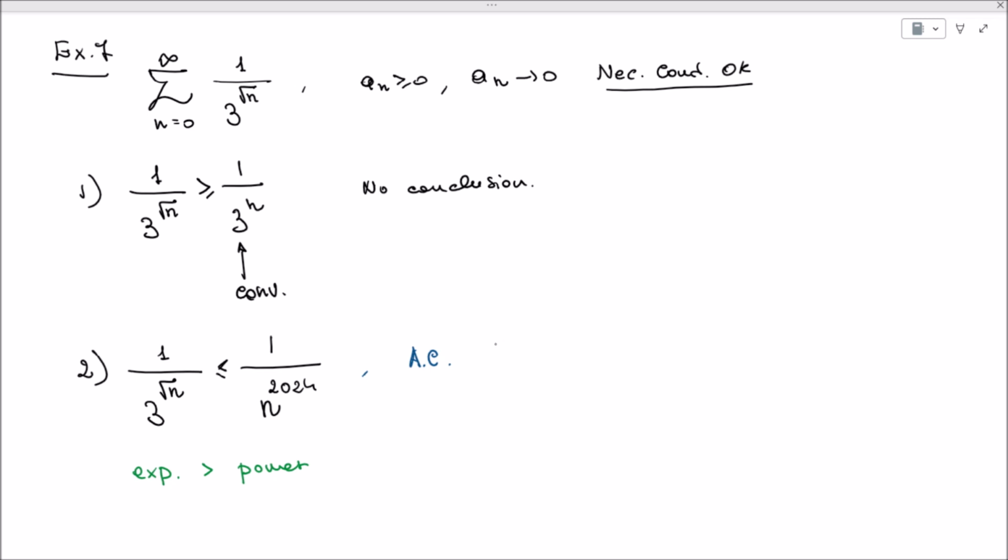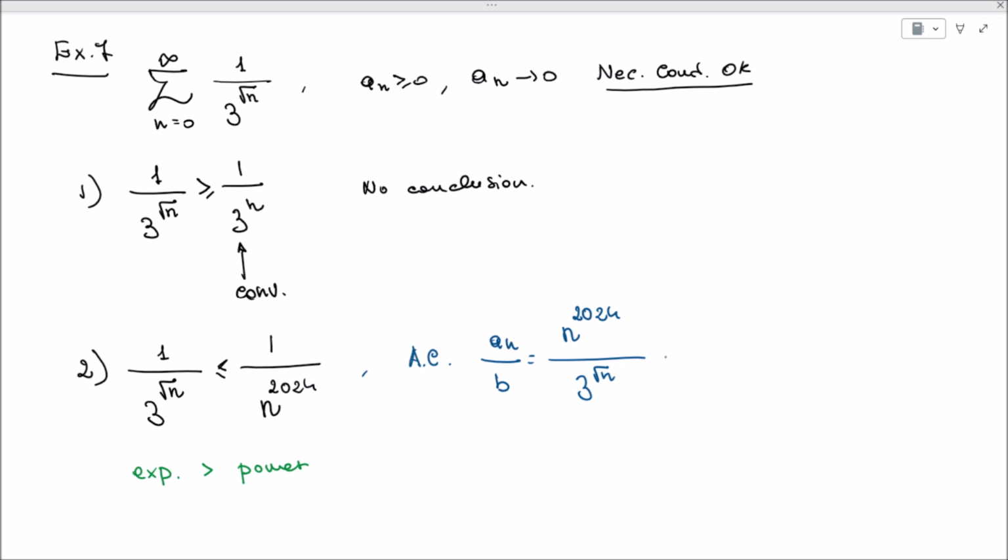Okay, so we will try now to have an divided by bn. Now, an, of course, is 1 divided by 3 to the square root of n. And bn is 1 over n raised to 2024, so we have n raised to 2024 at the numerator. Okay?